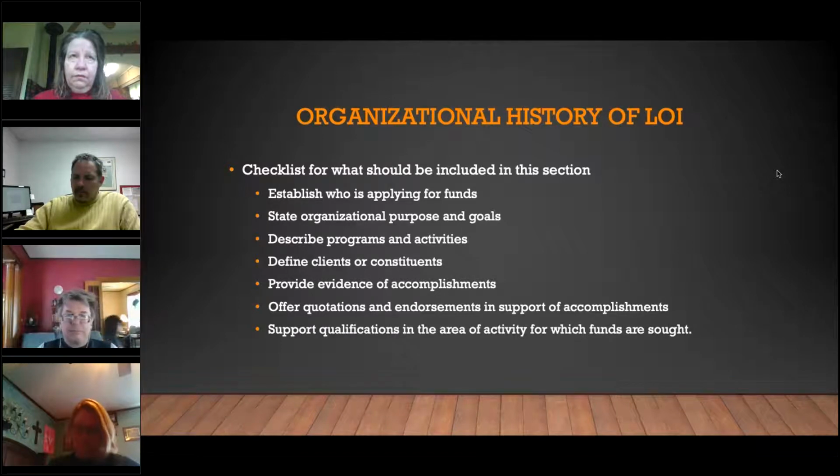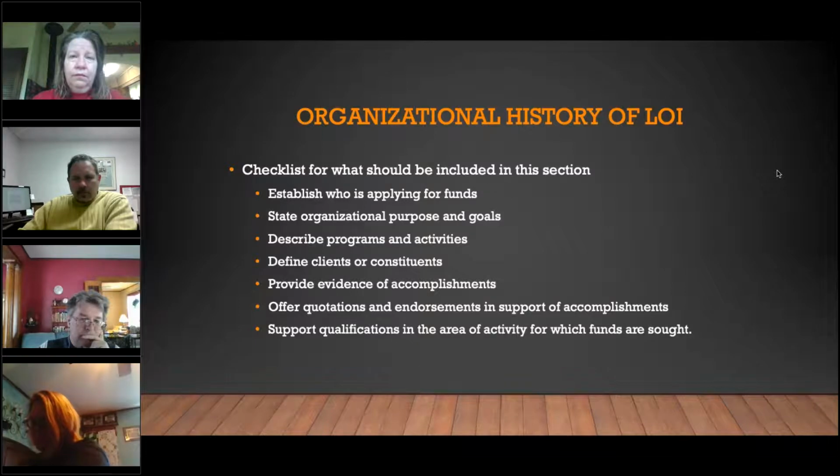You need to establish who is applying for funding, state the organization's purpose and goals, describe programs and activities, define clients or constituents, provide evidence of accomplishments, offer quotations and endorsements in support of accomplishments, and support qualifications in the area of activities for which funds are sought. So this is going to be all about your organization, and be sure to include all of these so that you provide credibility for the grant funder.